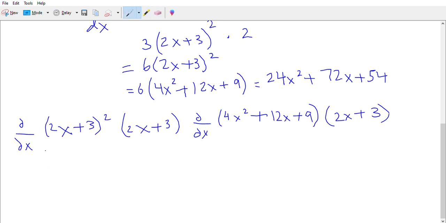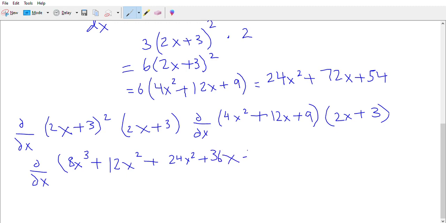Alright. Now, just to distribute it, so it would be d dx of 8x cubed plus 12x squared plus 24x squared plus 36x plus 18x plus 27.